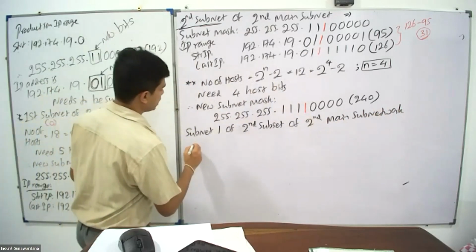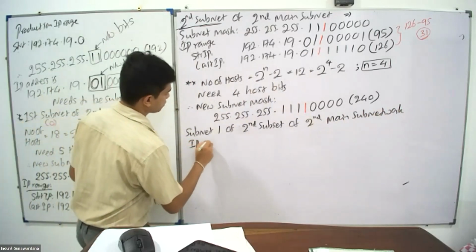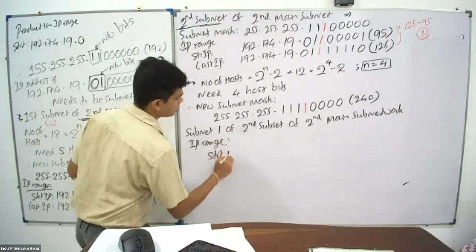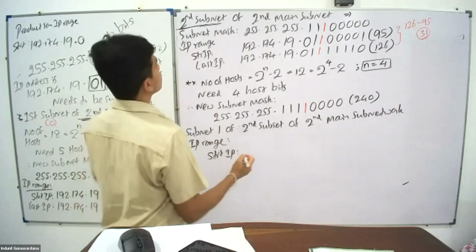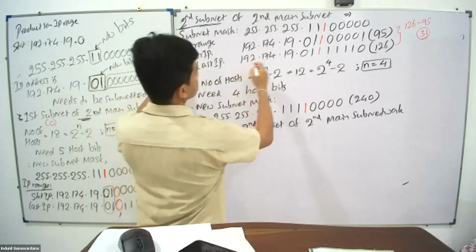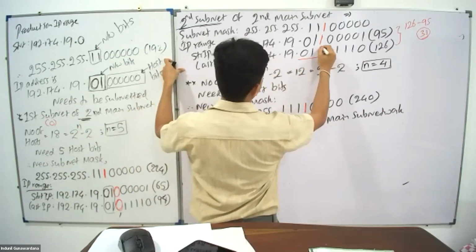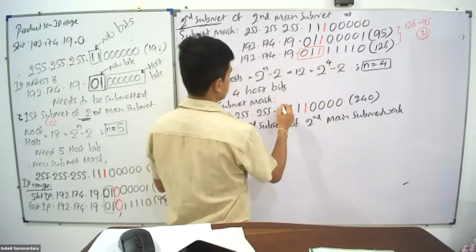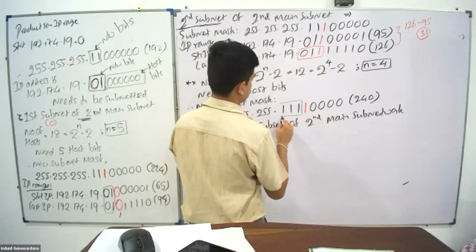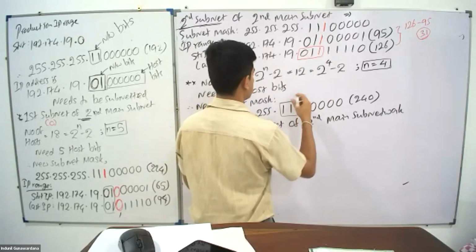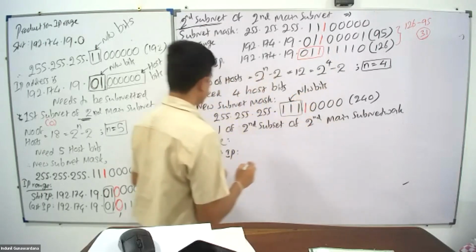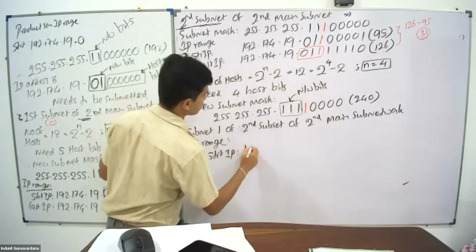Then the IP range, the start IP. Now we have to maintain the IP block in which way? These are going to be the network bits. First we are going to the network.